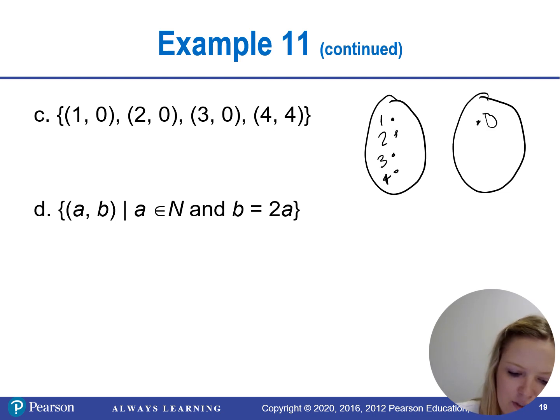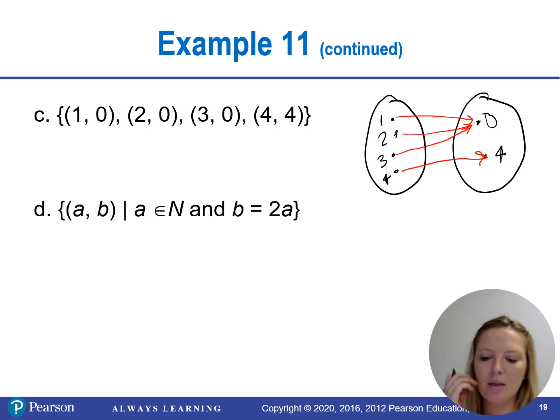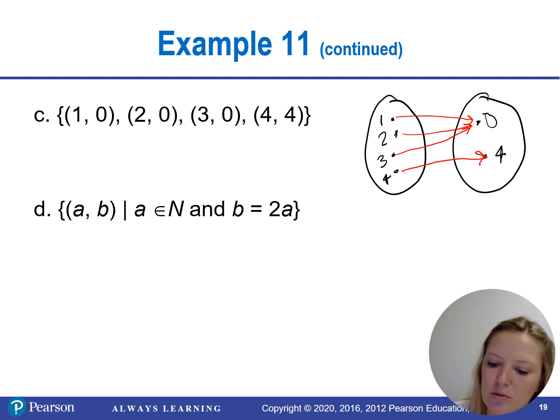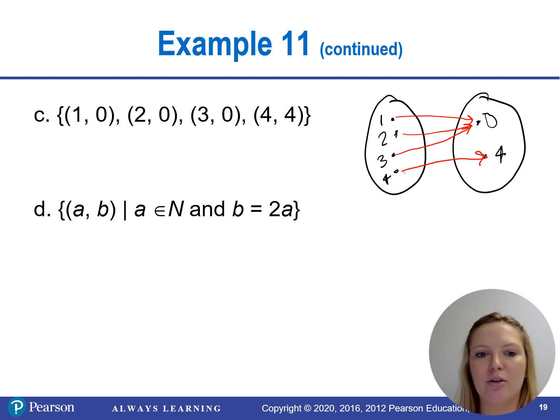We have outputs of 0 and 4. 1 maps to 0, 2 maps to 0, 3 maps to 0, and 4 maps to 4. This is a function because every input has exactly one output. It's okay if they have the same output. They just can only have one. Our domain is the set 1, 2, 3, 4, and our range is just 0 and 4.